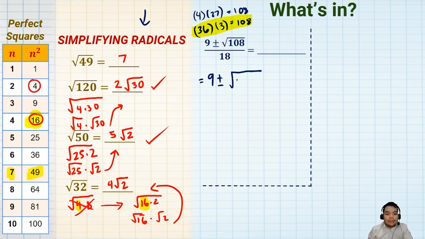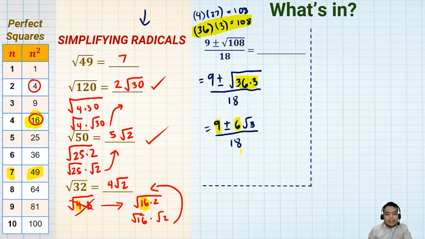So we have 36 times 3. Ganun, para isang step lang yung simplifying radicals natin. Then divide all of them by 18. So we simplify this one. We get the square root of 36, so we will be having 9 plus minus 6 square root of 3 divided by 18.